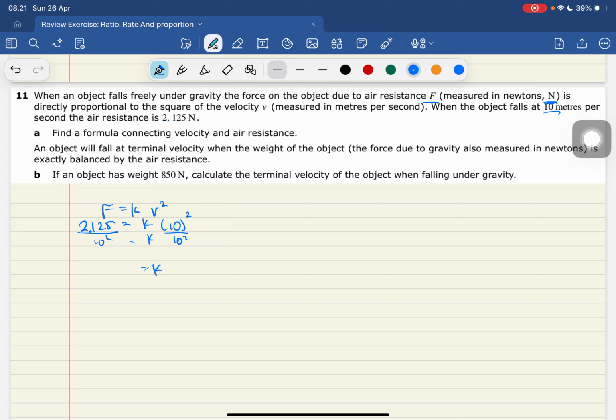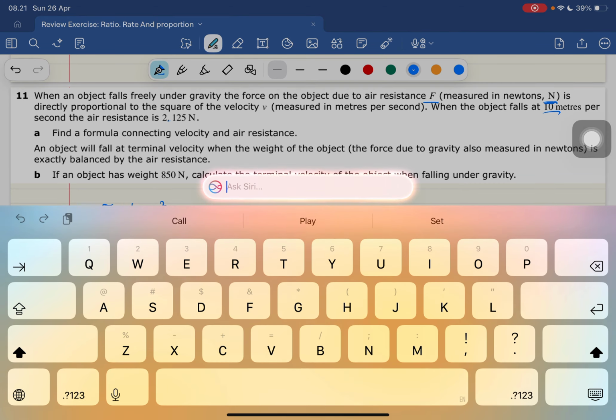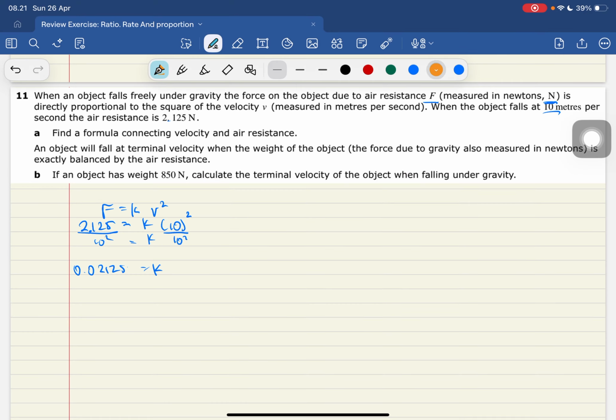So we got k, the constant of proportionality, as 0.02125. So the formula, we can write F equals the constant 0.02125 times the velocity squared.